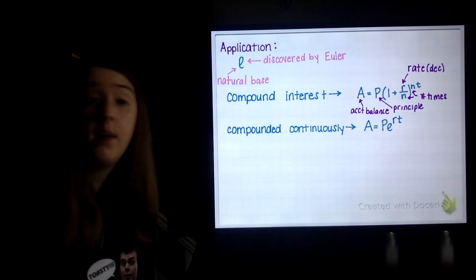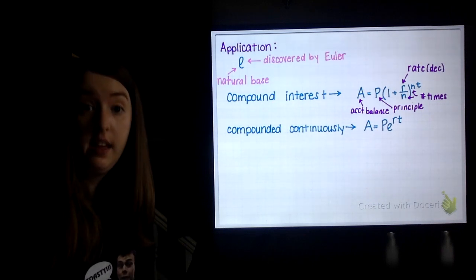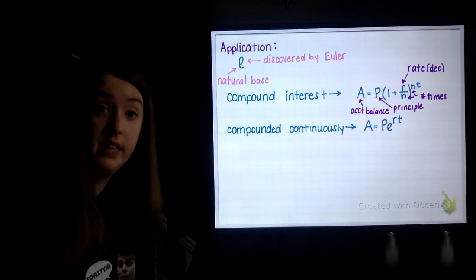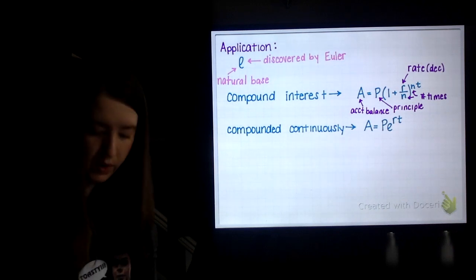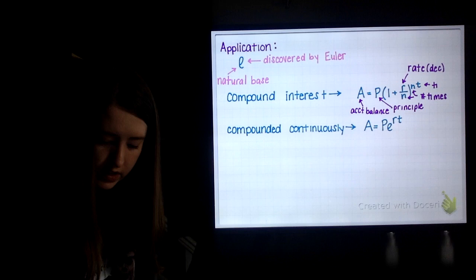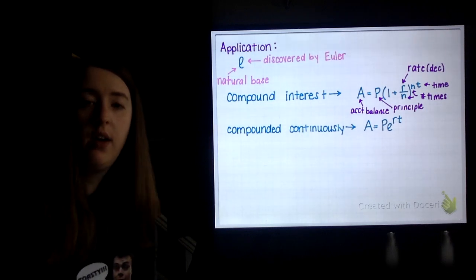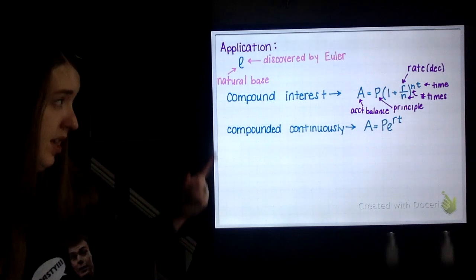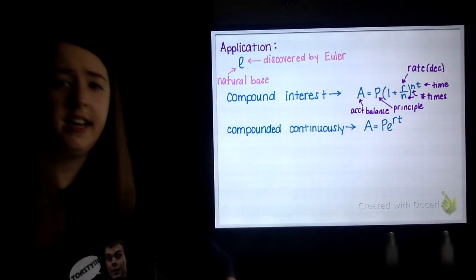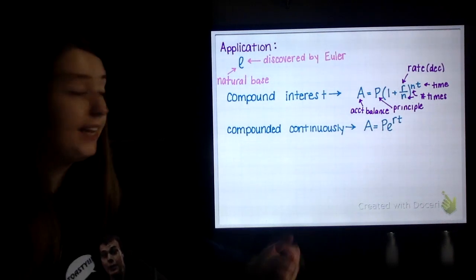So if it compounds yearly, n is 1. If it compounds monthly, n is 12. If it compounds quarterly, n is 4, and so on and so forth. And t is time, however long we are allowing that to compound. They then went and found, let's see, if I start compounding my interest more and more often, what does that look like?